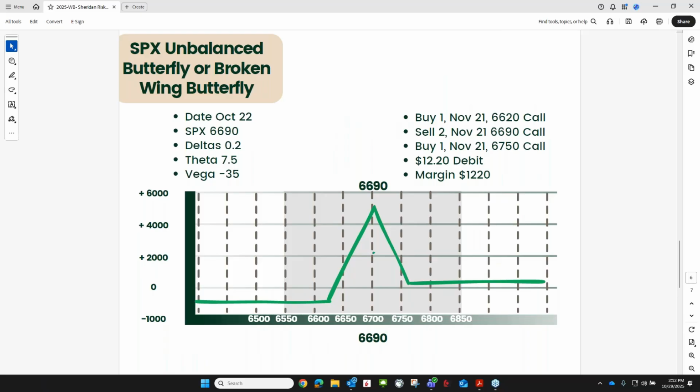But you say, Dan, just like you mentioned, why you like, when you do these balanced butterflies in a higher vol environment because they're a little bit short delta, when do I like this type of 70-60, and the bigger number is always your width on the downside. When do I do these? Usually when VIX is 17 or lower. Why?